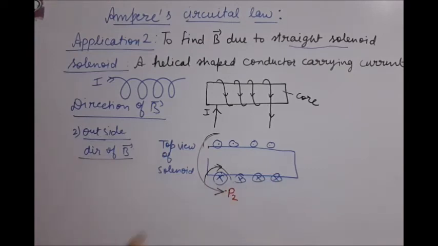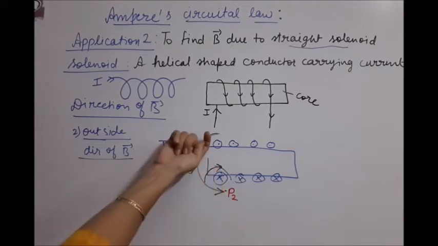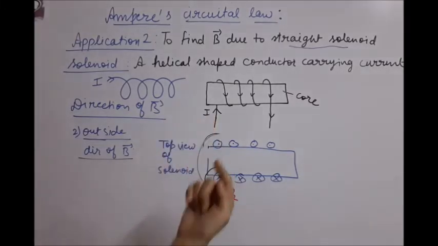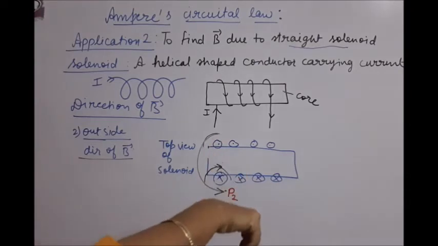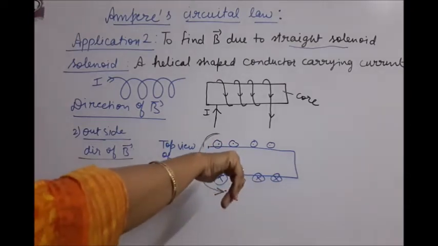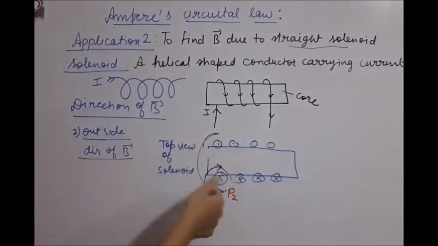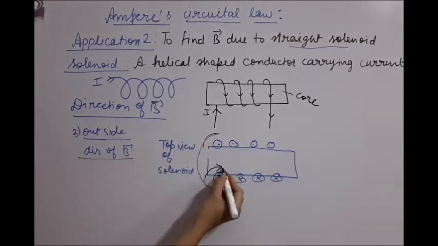Now for this current, which came out from here and went in, the current is going inside the board. So hold the right hand in this manner so that the thumb is pointing down. The direction of the magnetic field is already drawn; the same direction we have to take here, which will reach point P2.